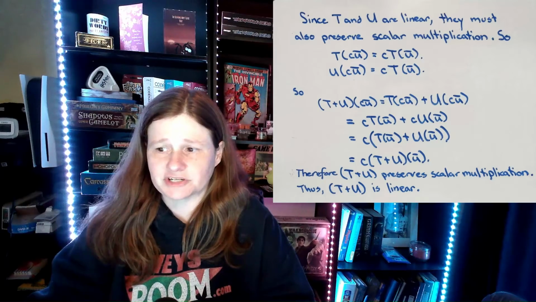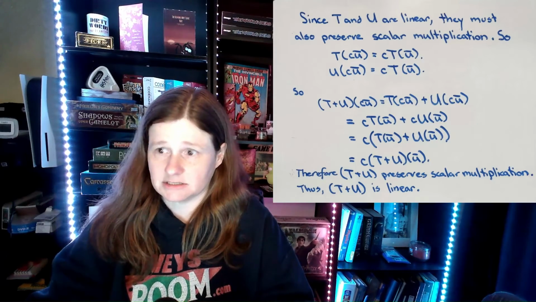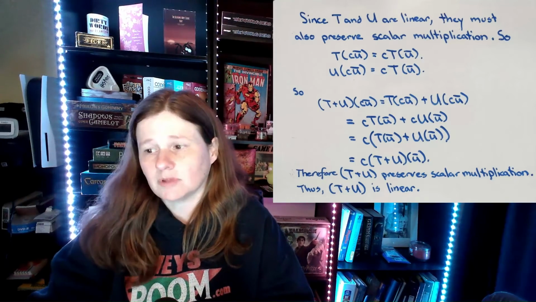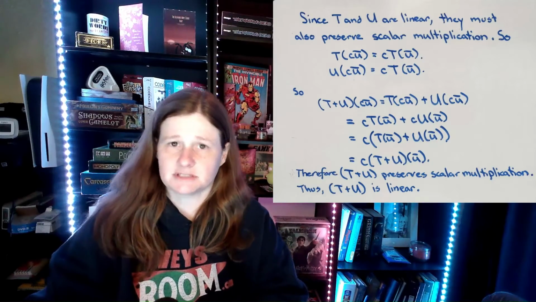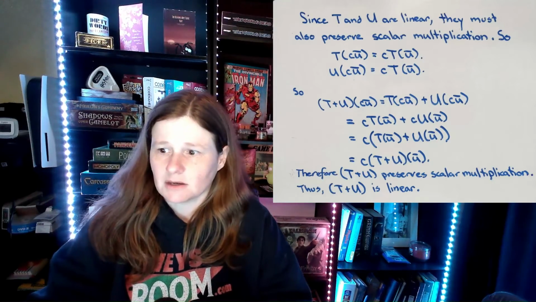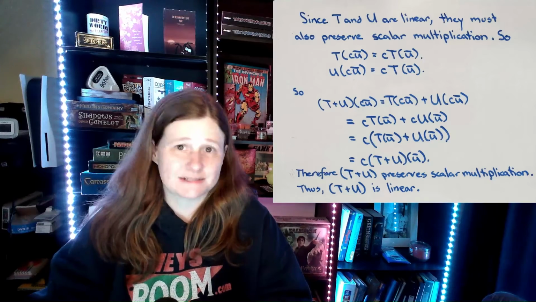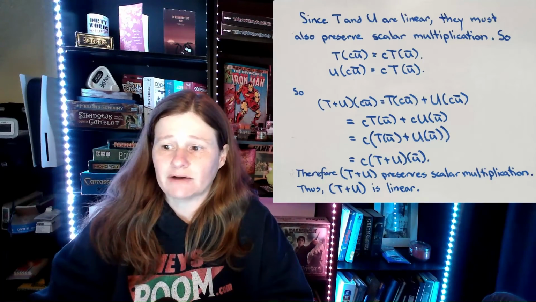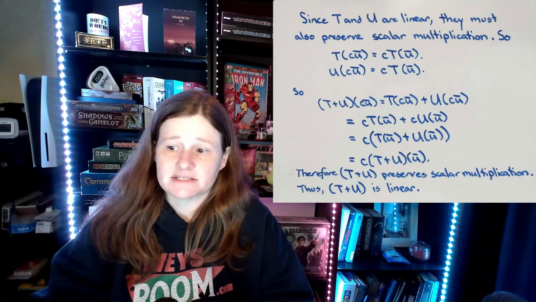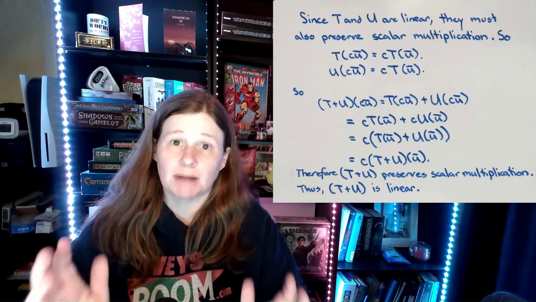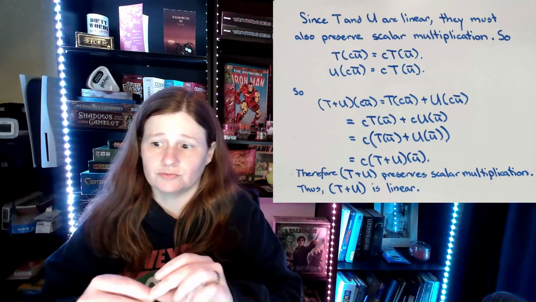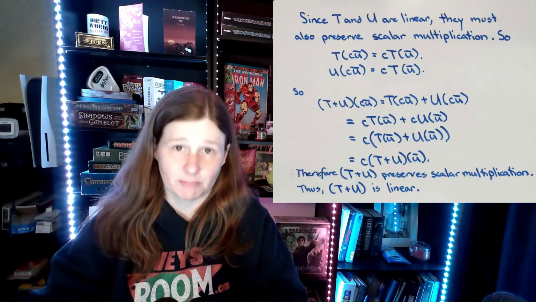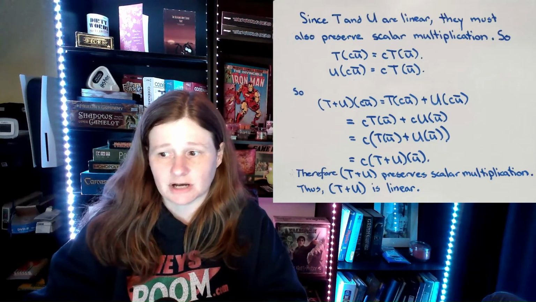And we're going to have the transformation T of c times the vector u plus the transformation U of c times the vector u. And what we're going to do now, we can pull that c out. Remember, we can pull that c out. So we're rewriting it with the c pulled out the front. And in our next step, we're just combining these, and we're going to pull the c out from both of them totally and have it on the outside.